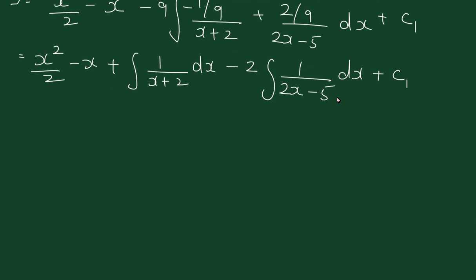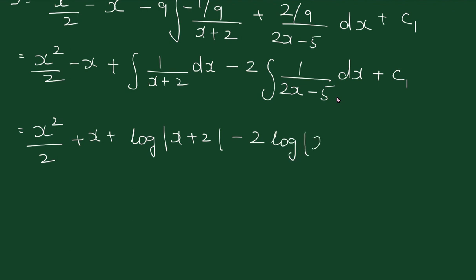Okay. Then in the next step, integral of 1 upon x plus 2 becomes log x plus 2 minus 2 log of 2x minus 5 upon 2, because 2x is there, so we put upon 2. Now c1, so we write plus c1 plus c2.